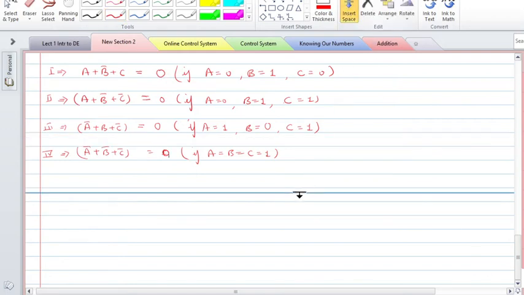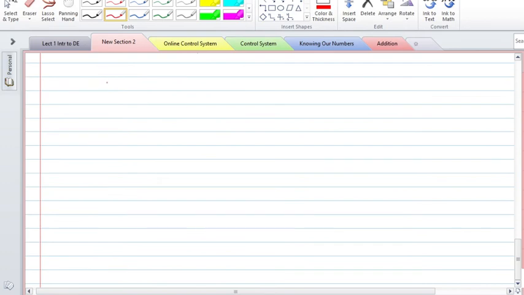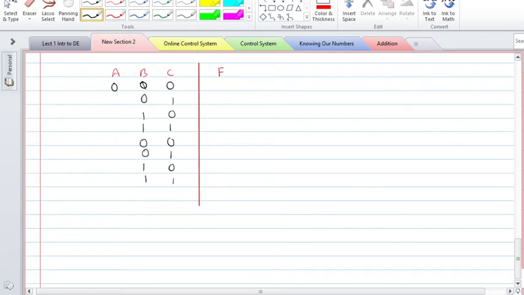If we draw the truth table for this, then A, B, C and the function f. 0 1 0 1 0 1 0 1, 0 0 1 1 0 0 1 1, 0 1 0 0 0 1 1 1.